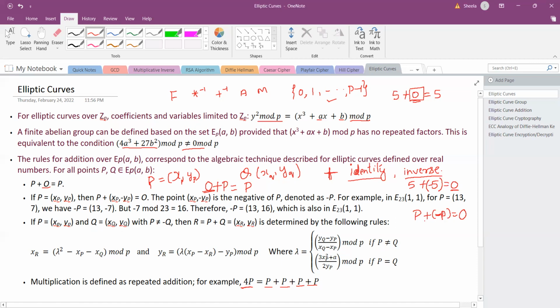In this expression of the elliptic curve, we can notice that y square mod p is equal to x cube plus ax plus b mod p. Now, if I take the value of y as a positive value, I'll get the same value, that is, the y square value will remain the same. And if the value of y is negative, then also the y square value will remain the same.